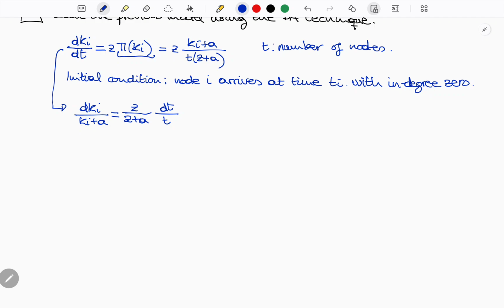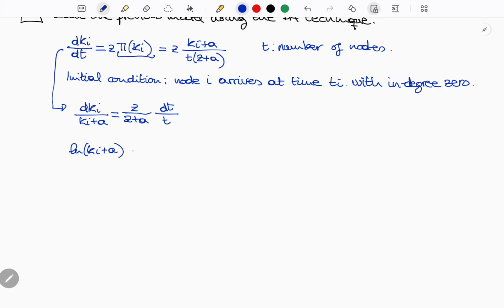When we integrate on the left-hand side, what we obtain is the logarithm. Remember that when we have the differential of the variable divided by the variable plus a constant, this is the logarithm of the variable plus the constant.